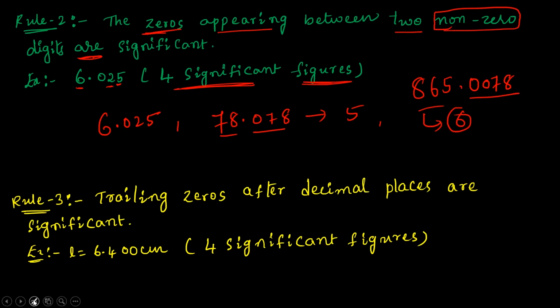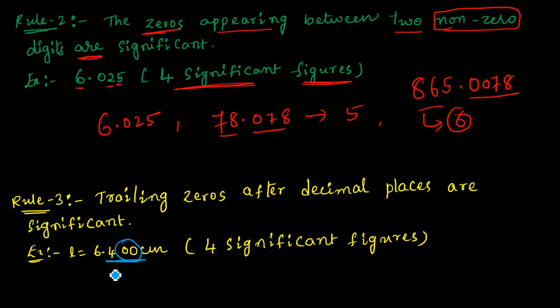Next one, trailing zeros after decimal places are significant figures. So these zeros we can also consider significant figures, because we have to add accuracy to this, like 0.001.